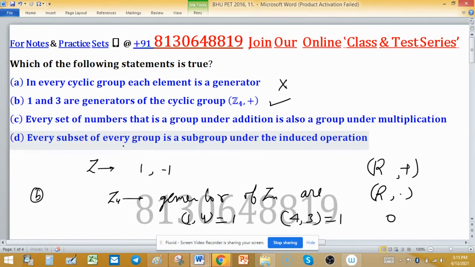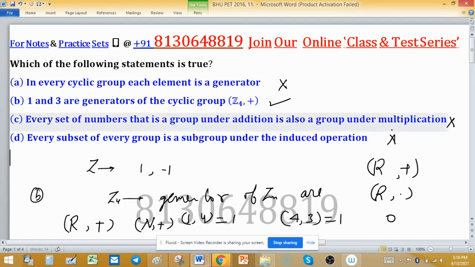Every subset of every group is a subgroup under the induced operation. Again you can consider R under addition, which is a group, but N under addition is not a group because inverses of natural numbers don't exist in the set of natural numbers. So again this statement is false. So the correct option is B.